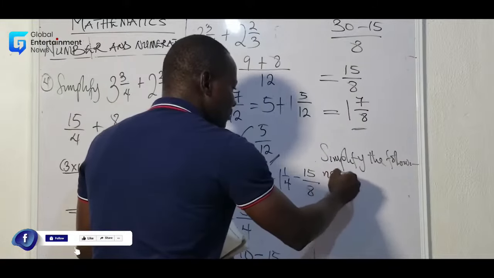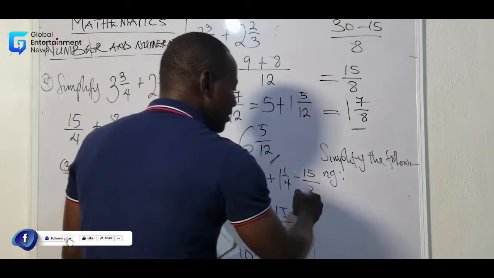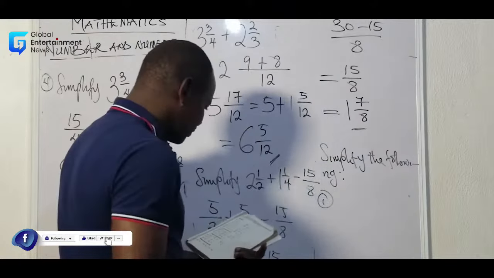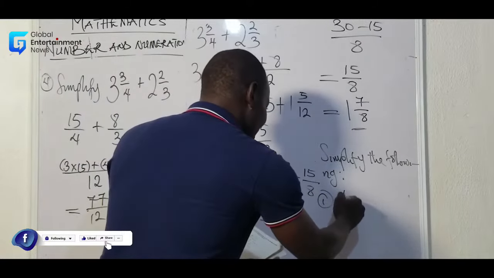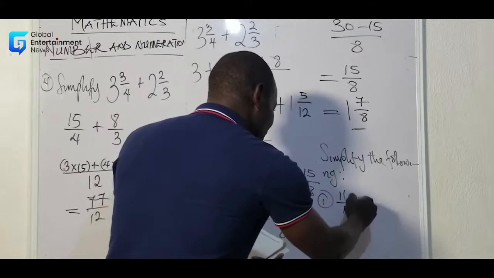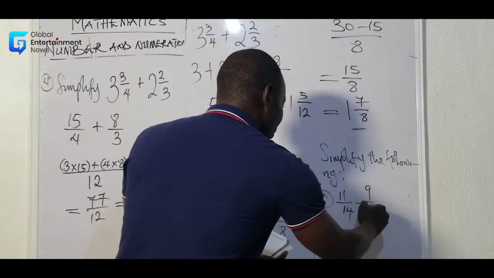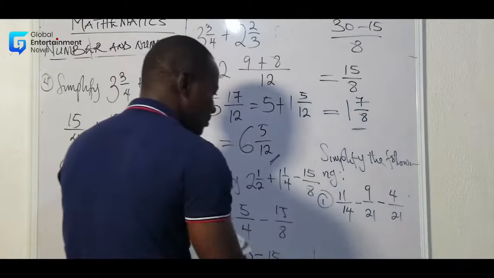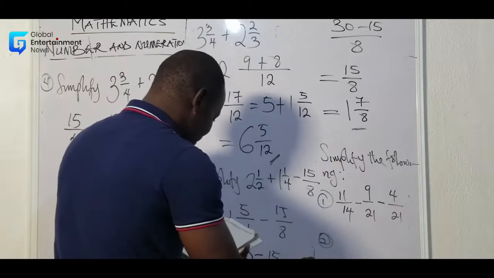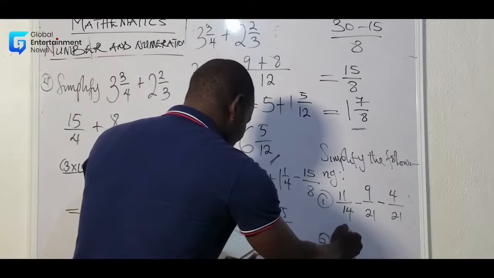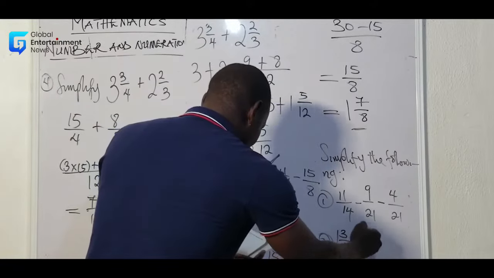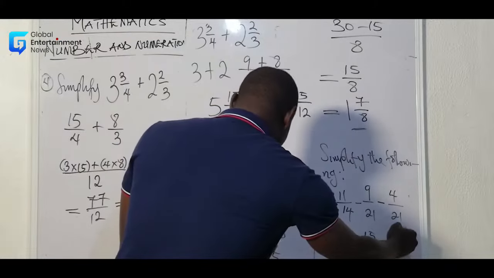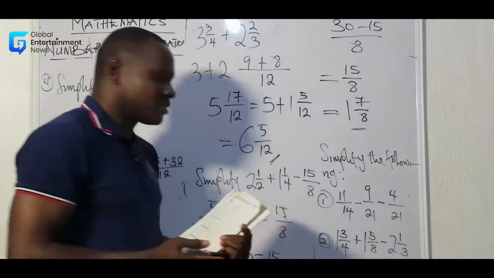We have the first one: 11 all over 14 minus 9 over 21 minus 4 over 21. Then the second question, 1 whole number 3 all over 4 plus 1 whole number 5 all over 8 minus 2 whole number 1 all over 3.